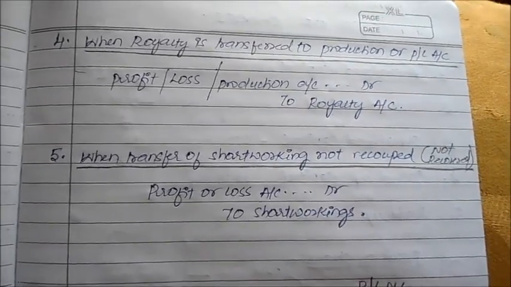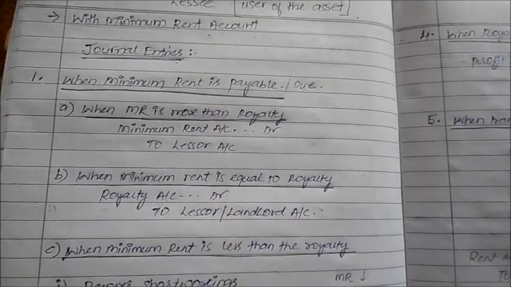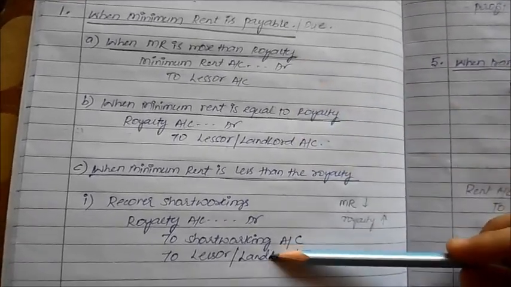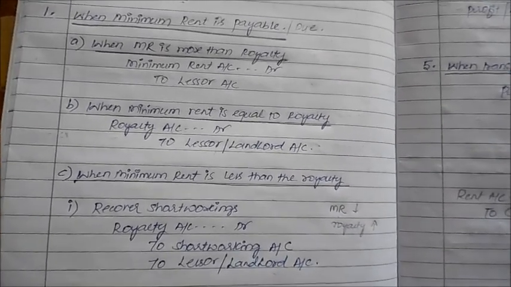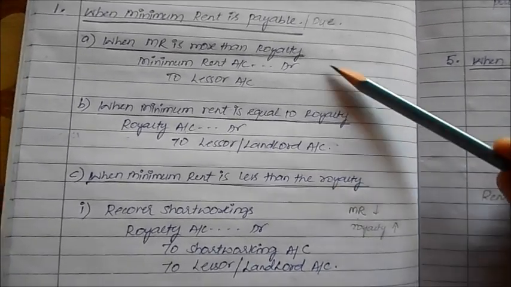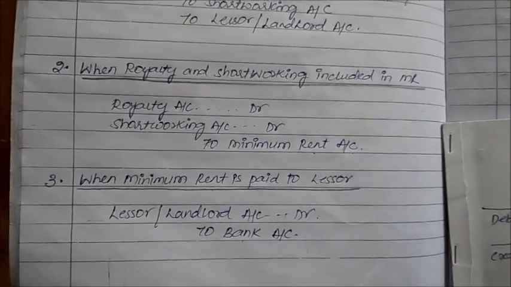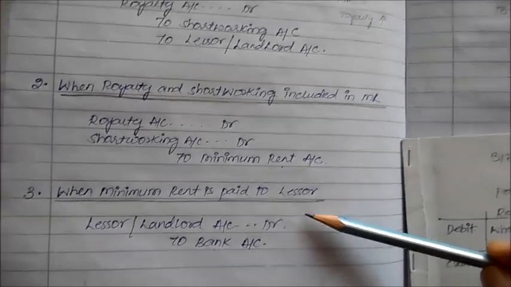If you understand the concept of the theory or the journal entries, it will become extremely simple for you to crack. The first entry will be whenever the amount of money is due, depending upon minimum rent and your royalty. Then you decide which scenario is actually happening. Second situation, when the royalty and short working is included in the minimum rent, then you will write payment, whatever is actually paid.